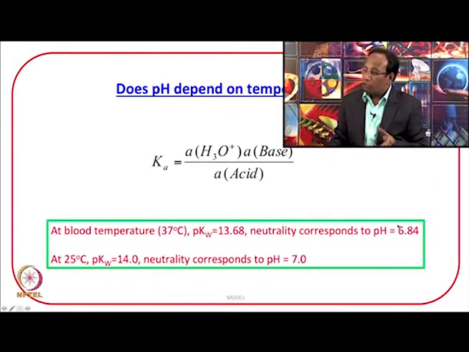That means when we talk about the neutrality concept, at blood temperature the neutrality will correspond to pH equal to 6.84. And since pKw is 14 at 25 degrees centigrade, at 25 degrees centigrade the neutrality corresponds to pH equal to 7.